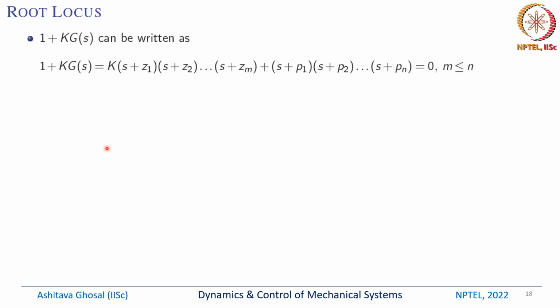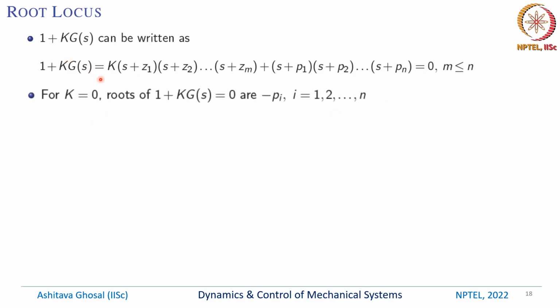Let's continue. 1 plus k g of s, as I said, can be written as k into (s plus z1) into (s plus z2) all the way till (s plus zm), plus (s plus p1) into (s plus p2) all the way till (s plus pn), equal to 0.